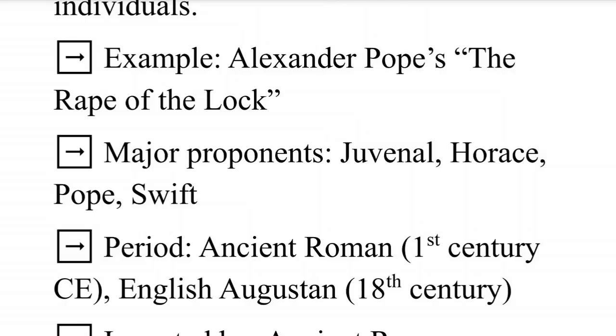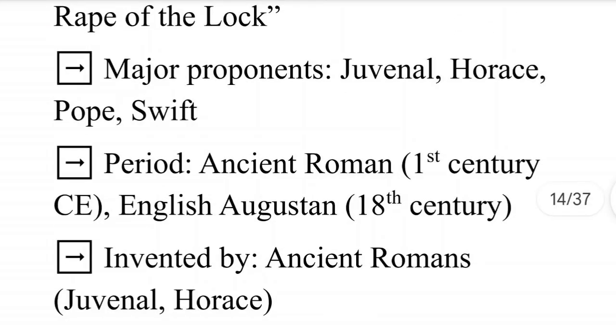So they imitated the style of Juvenal and Horace. That's why it was introduced into English literature during the 18th century, during the Augustan period. The Augustan period is also known as the age of Pope, because Pope is the major writer during the Augustan period. It was invented by ancient Romans, especially Juvenal and Horace.